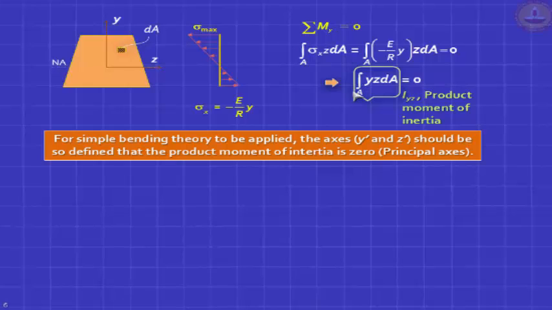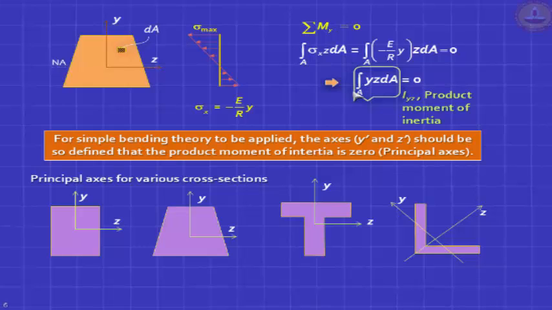Usually this is satisfied in symmetric section. Okay, so for simple bending theory to be applied, the axis y and z should be so defined that the product moment of inertia is 0. Okay, the same y and z.